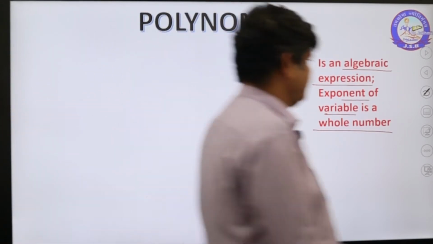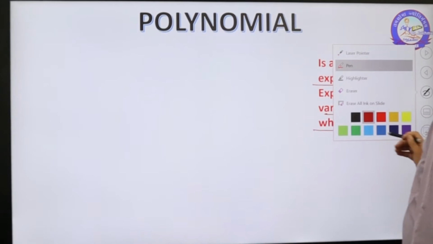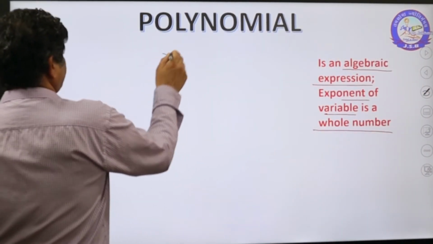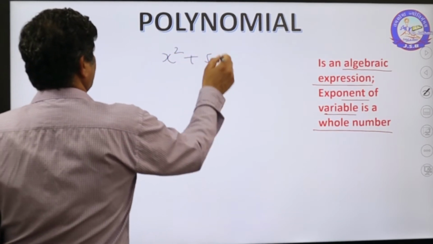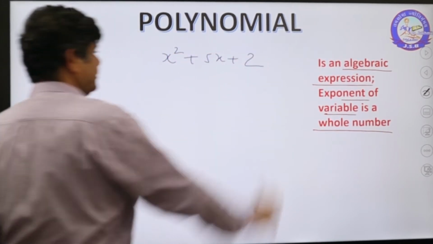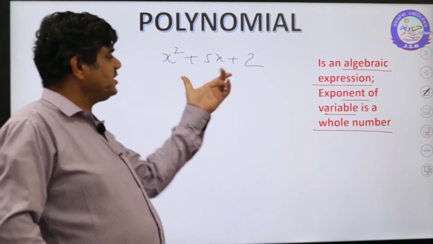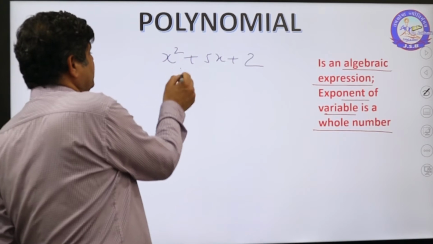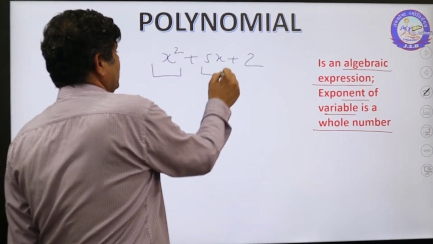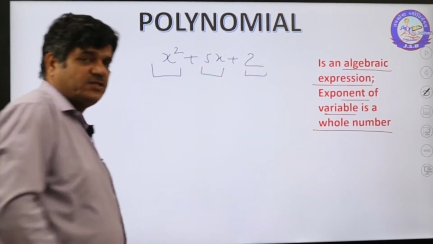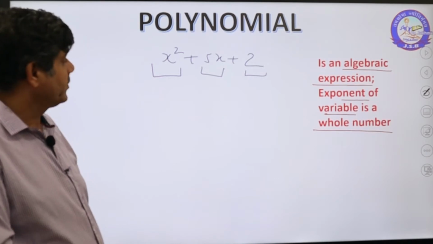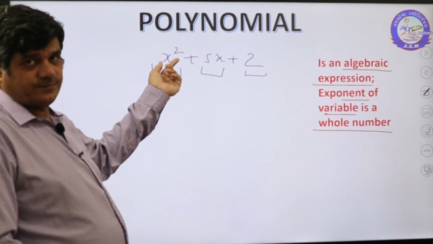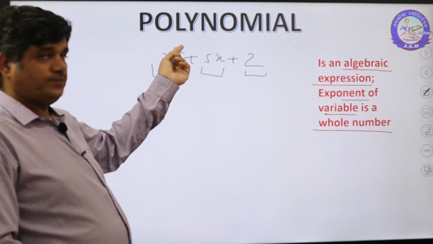Let's explore this first. What does it really mean? If I say x square plus 5x plus 2, look, this is a polynomial. This is an algebraic expression. If you look carefully, it consists of three terms: x square, 5x and 2. And all these three are added to each other. In this expression, the variable is x. Its exponent is 2.